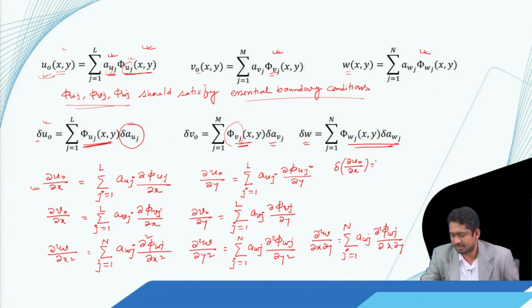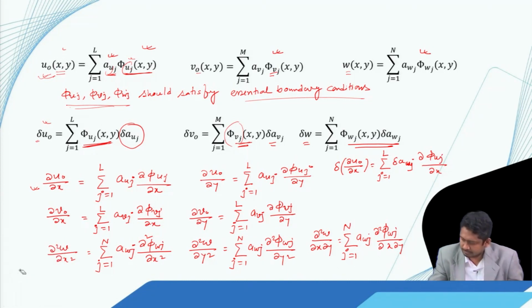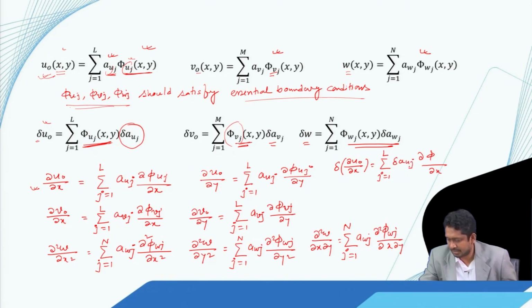Variation of del u 0 by del x is equal to summation j equal to 1 to L, variation of A u j into del phi u j by del x.